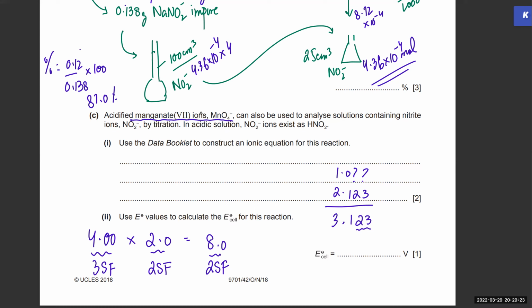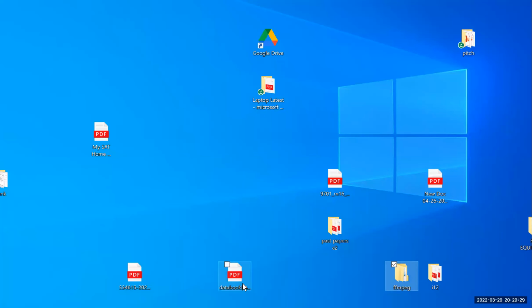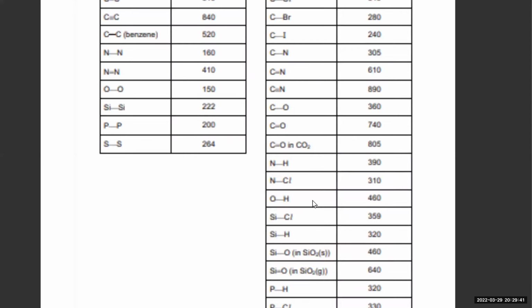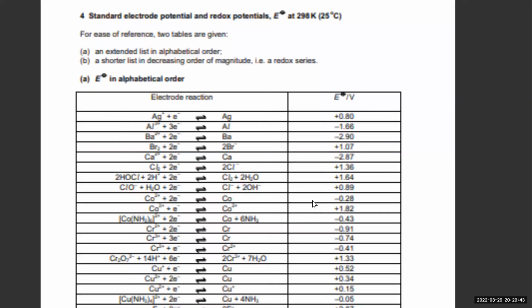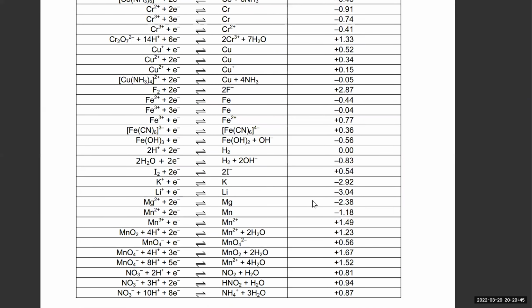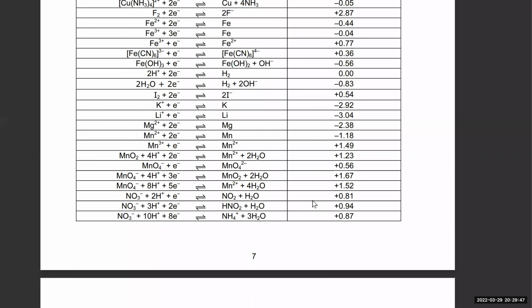So I'm going to just do the working on the data booklet, and let me open the data booklet. Remember, he's talking about manganate 7 ions acidified reacting. So you open the data booklet, which would be given with the question, and you're going to look for acidified manganate 7 ions.